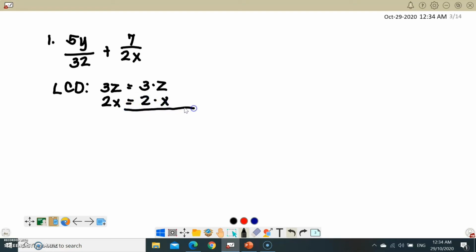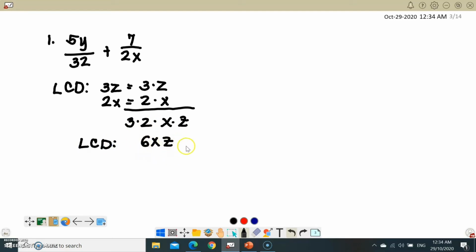If you notice, there are no common factors of 3z and 2x, so we are going to bring down all their factors. So we have here 3 times 2 times x times z, which is 6xz. We now have our least common denominator as 6xz.